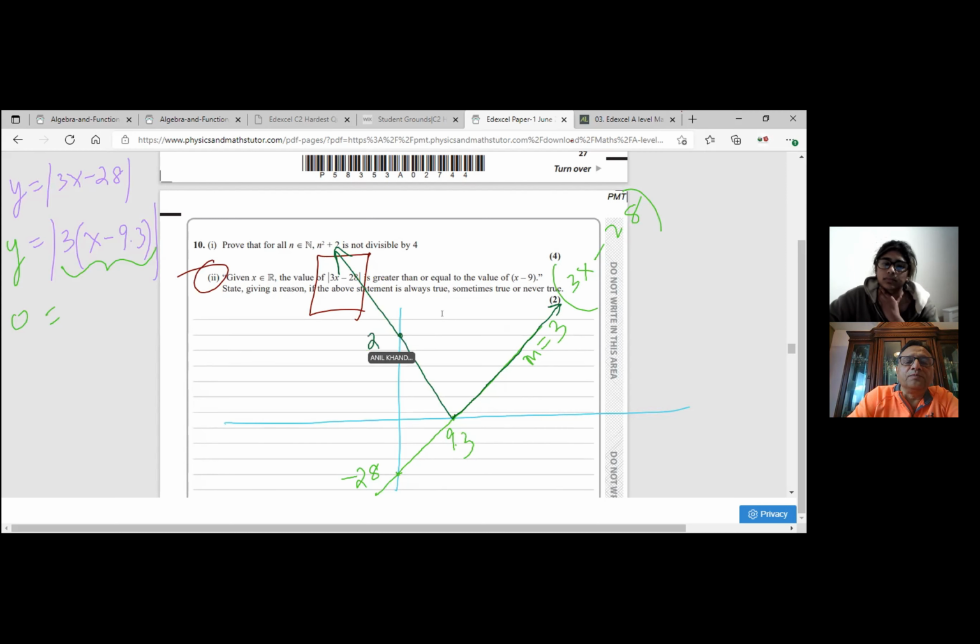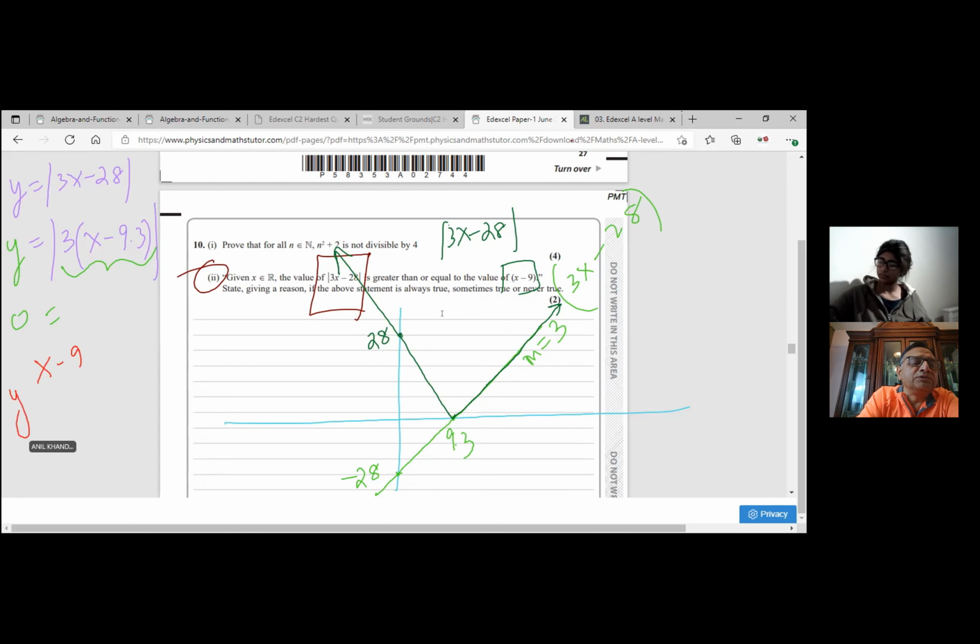Is that clear to you? Yeah. So this now becomes my absolute function, which is 3x minus 28. Clear? Perfect. Now let's see the other function, which is, let me write in a different ink, x minus 9.